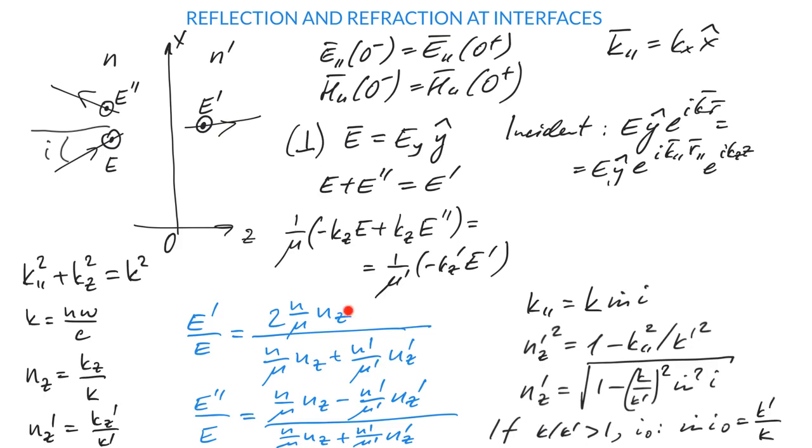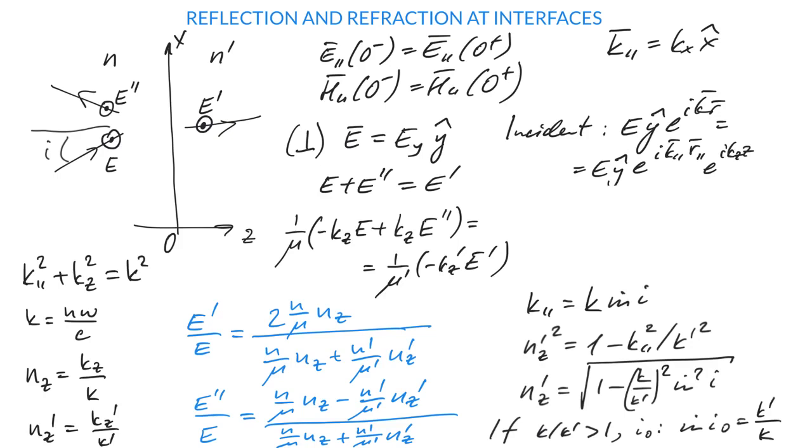Thus, the formulas that we worked out for the field amplitudes are valid in both cases, whether nz prime is real or imaginary. The field amplitudes can be obtained from these expressions. The other possibility, the other polarization, where the electric field is parallel to the plane of incidence, can be worked out in a similar way, and the result would be the same.